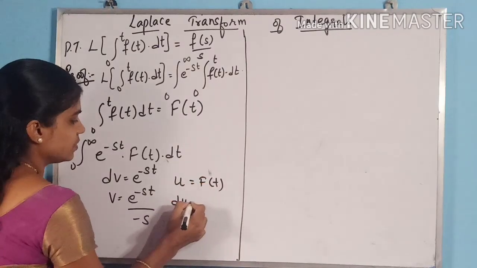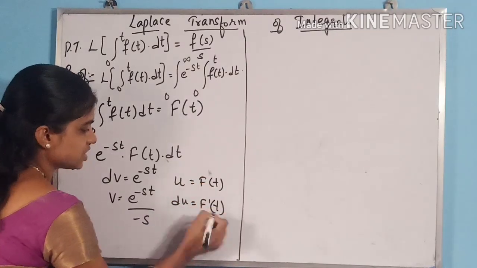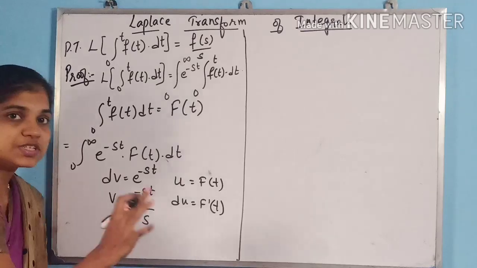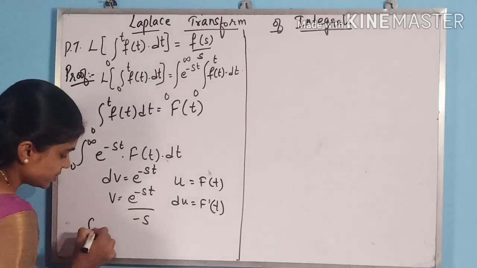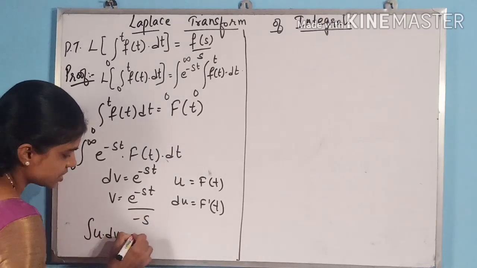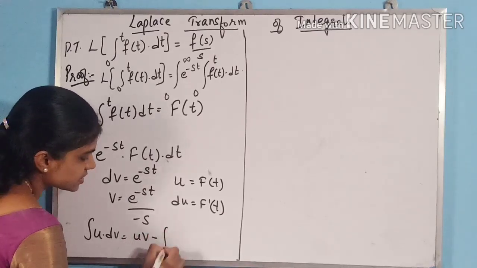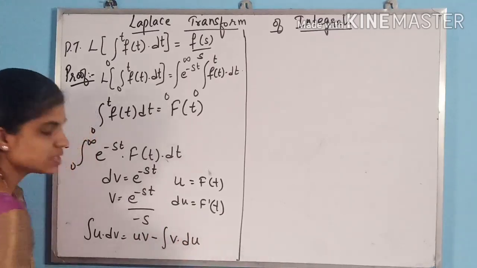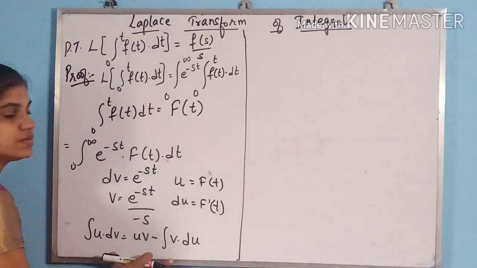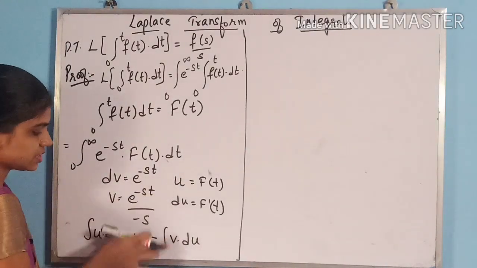So du will be F prime of t. So what is the integration by parts formula? Integration of u dv is equal to uv minus integration v du. So let's substitute this.